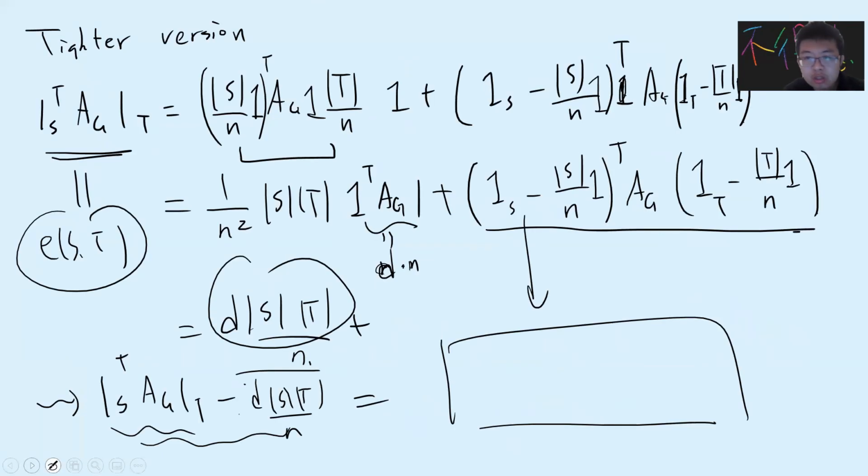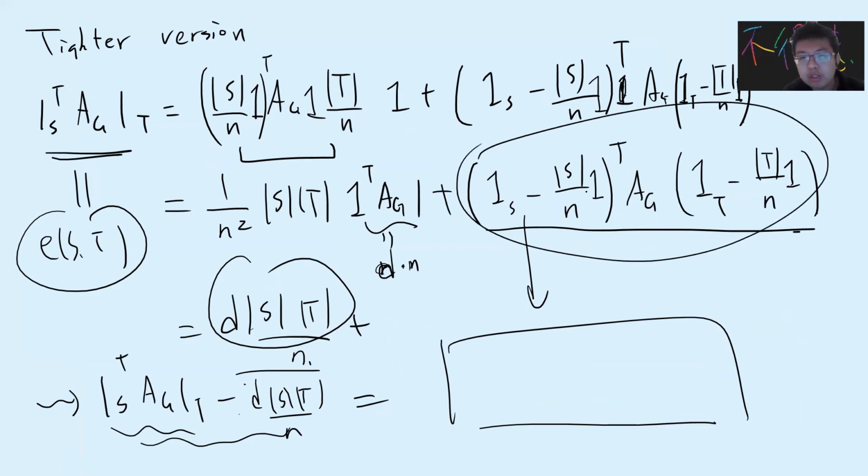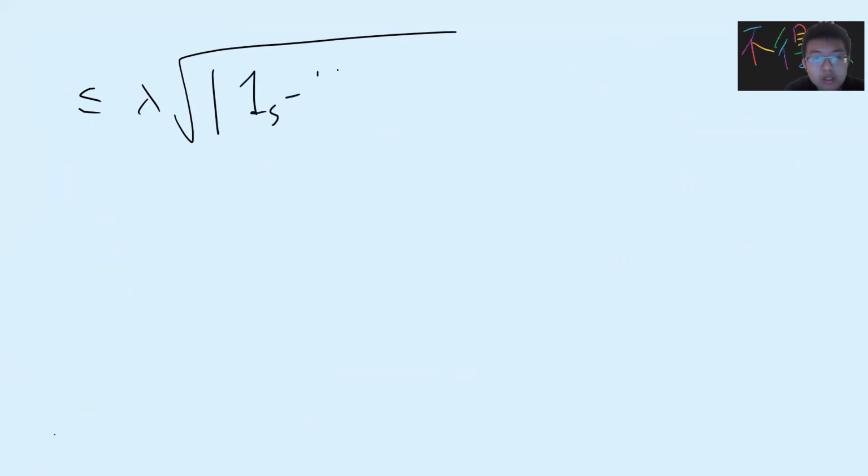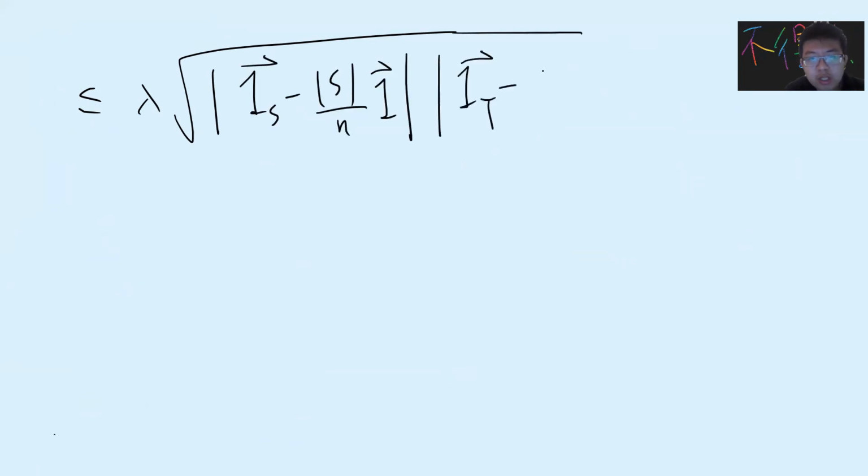Okay, so our final goal is we just need to bound this guy, right? So this guy is very simple. It is bounded by lambda times the length of 1_S minus s divided by n 1, times the length of 1_T minus t divided by n 1.